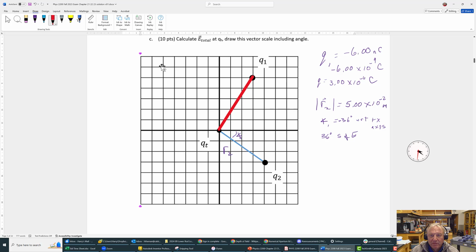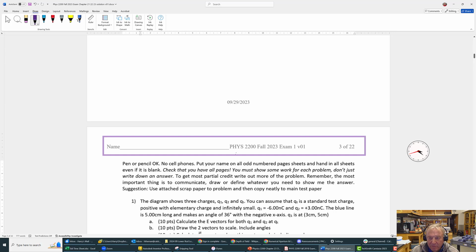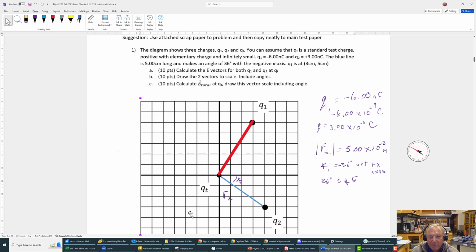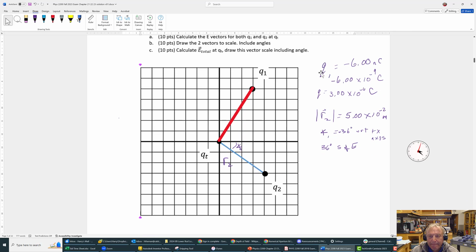So, E total, so now it won't scroll. Okay, calculate the E vectors. Interesting. Okay, that's fine.